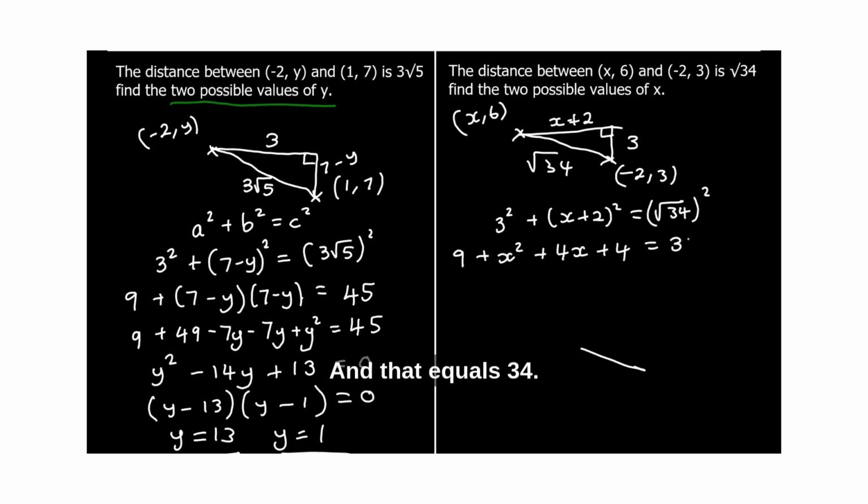And that equals 34. Square root and squaring are opposites. Make it equal to 0. So x squared plus 4x, and I've got 9 and 4, which is 13, take away 34, which is negative 21.